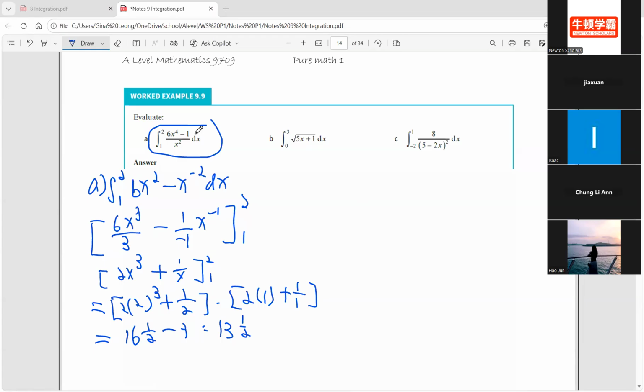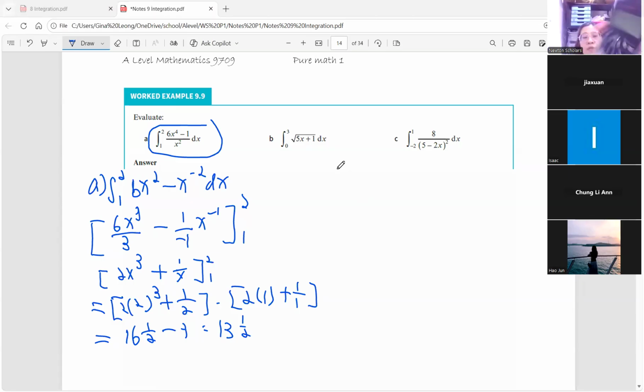You press the calculator 6, alpha x, then power 4, then minus 1. Then going down, you press alpha x. Can you see the alpha x is the red color actually? Then square.